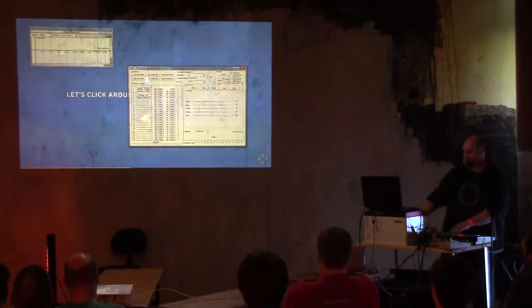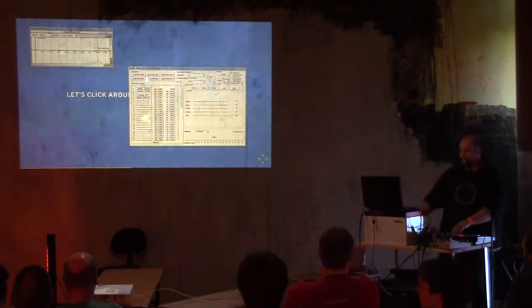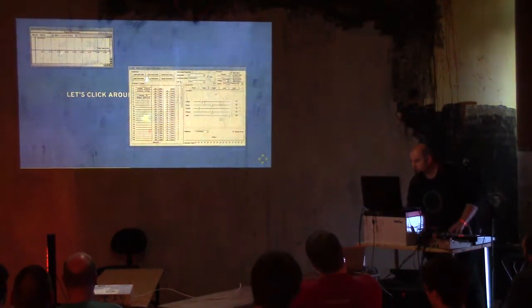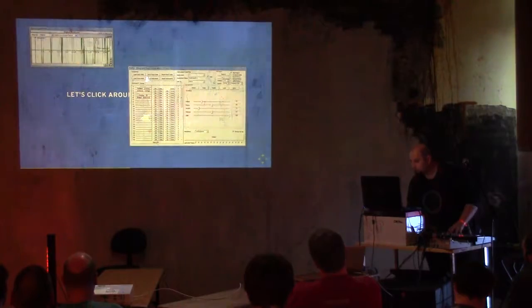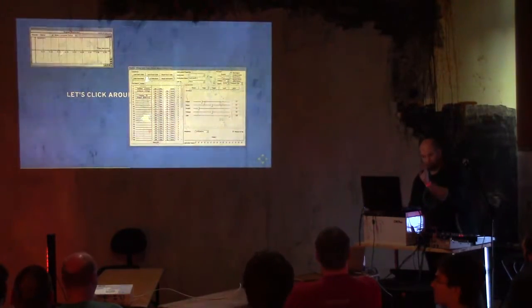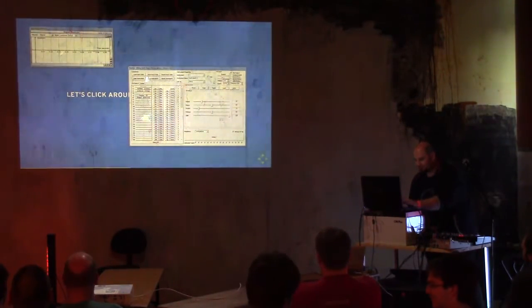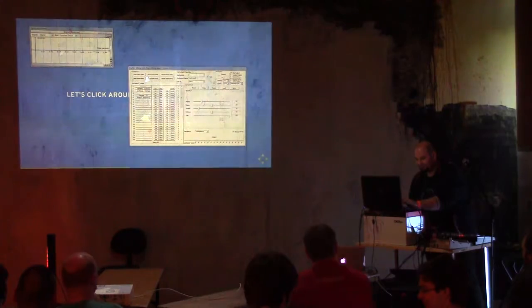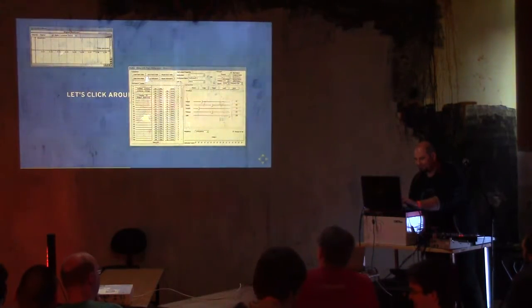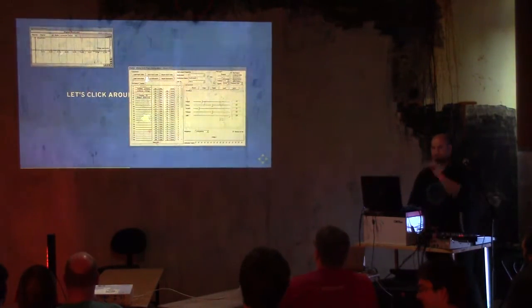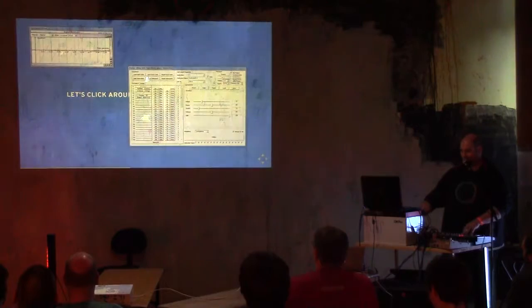Let me see if I can find something that will sound like a bass when it's playing. I have prepared something. Let me see if I can find it. That wasn't it? Okay, that's much more professional.